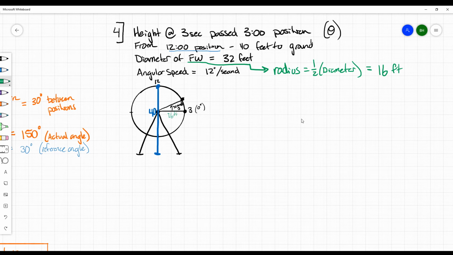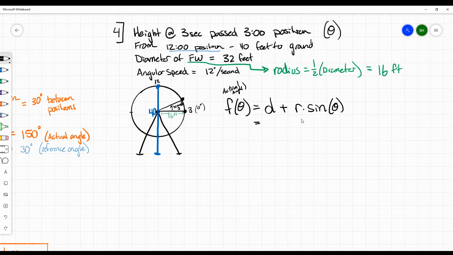Okay. Now, if we take a moment to think about this, do we have all the parts we need? Let's check this out. I'm going to use the same formula as before, the one using the actual angles, which is D plus R times sine of theta.